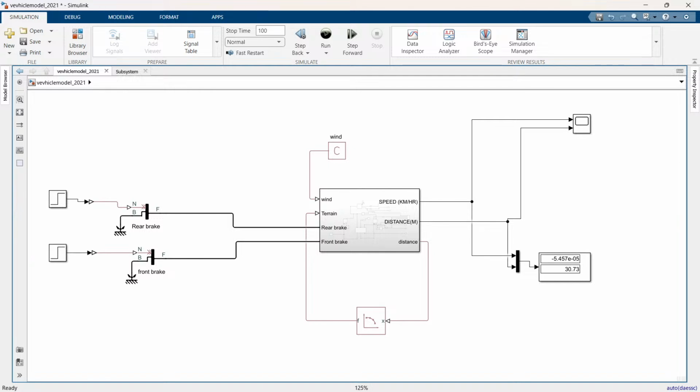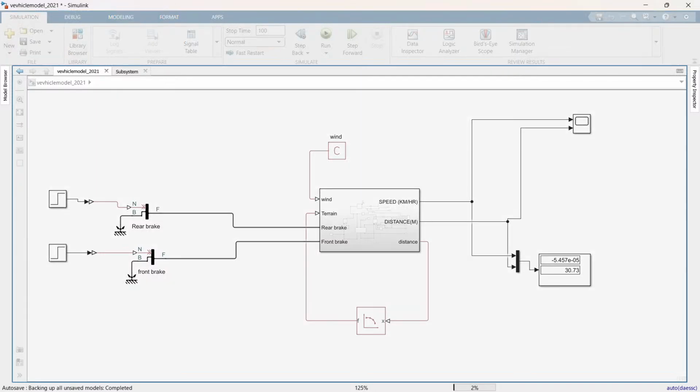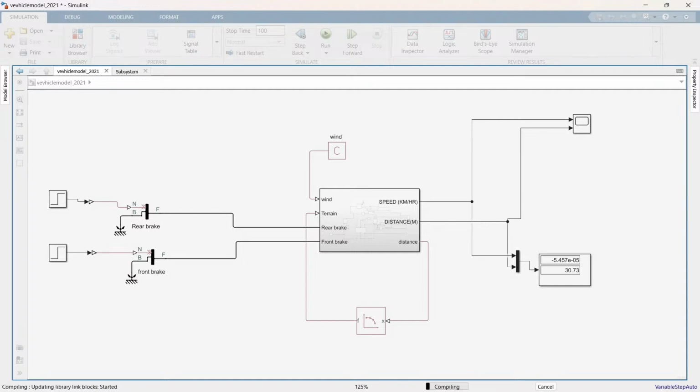Now I am going to run the simulation here. Let's see. Just note the distance value before we apply the brake. Now I am going to show the distance value. We are applying 2 brakes during this downhill drive using the step waveform.